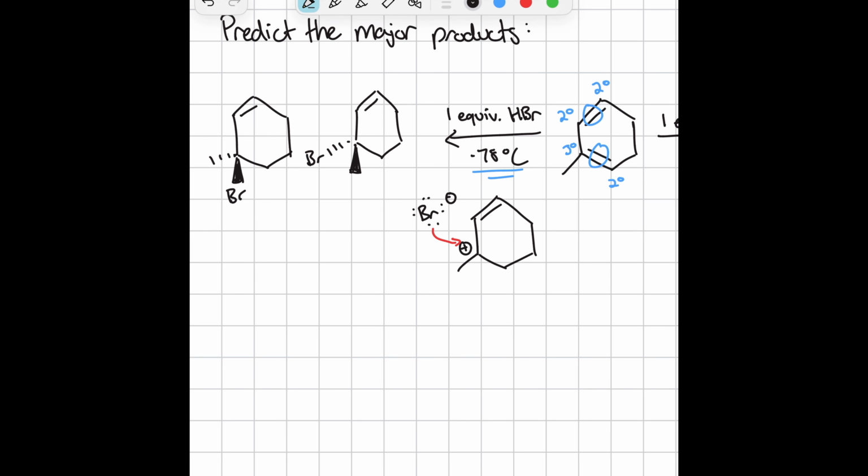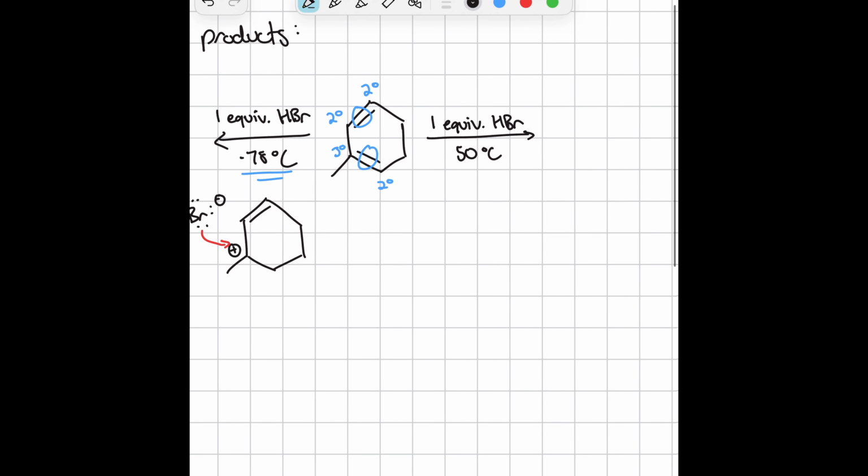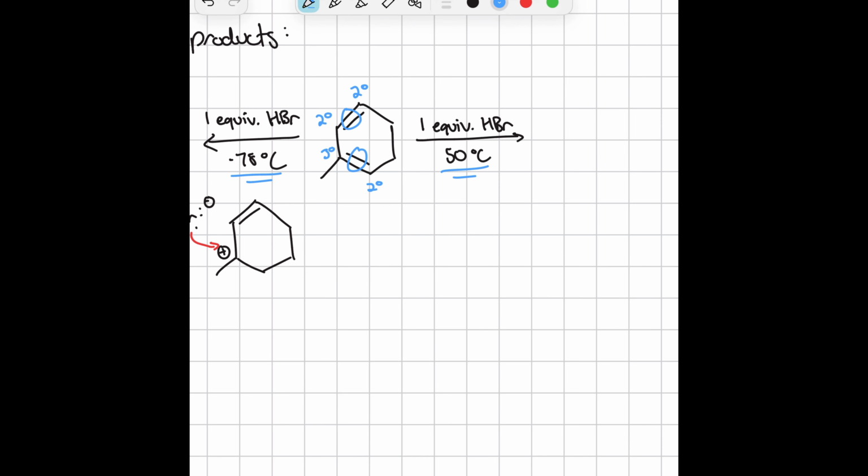But it's not the most stable alkene that we could possibly form, as we'll see over here when you increase the temperature. So you start off by just knowing that one double bond is going to be reacting. And if you were to have the same carbocation, you can look and say that this double bond is not actually the most stable, right?